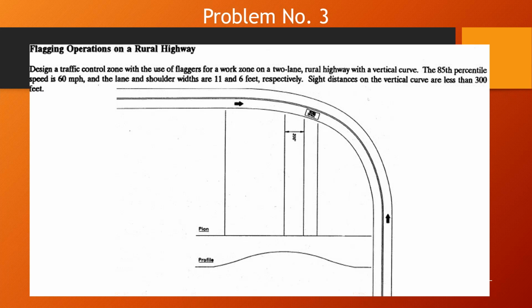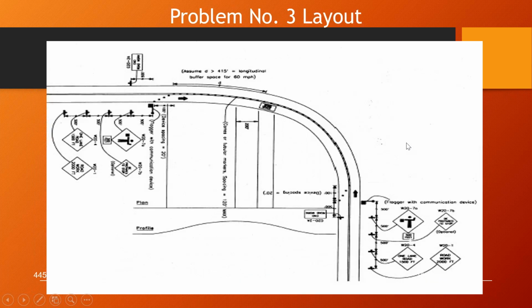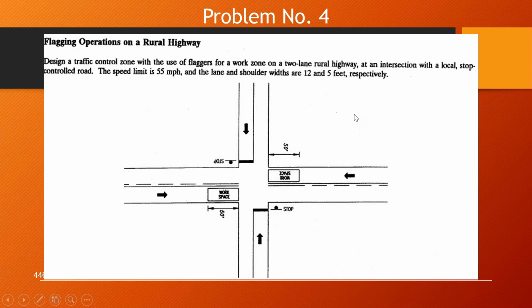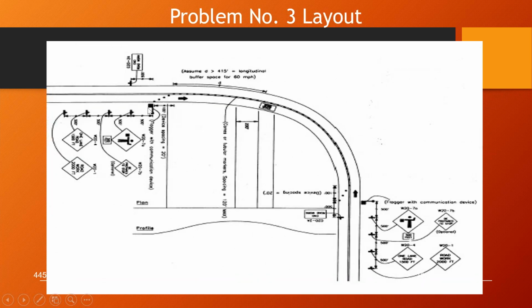And the lane and shoulder widths are 11 and 6 feet respectively. Sight distances on the vertical curve are less than 300 feet. So again, it's just basically making sure that you have your flagger standing before those curves.